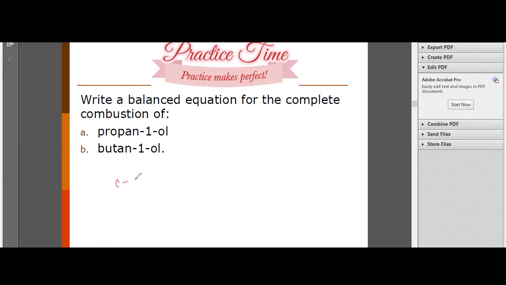Propan-1-ol, that means you have this structure, right? But in this question, you need to write a balanced equation, so you're supposed not to use the structural formula. Instead of the structure, you should change it to the molecular formula.